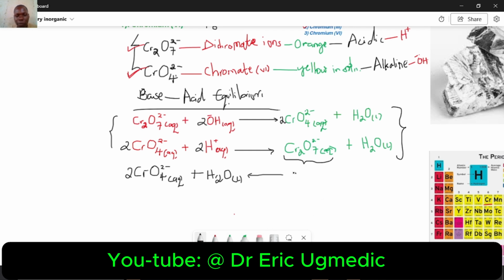So we have the dichromate reacting with alkaline medium. So take note of the arrow where I've actually pointed it.